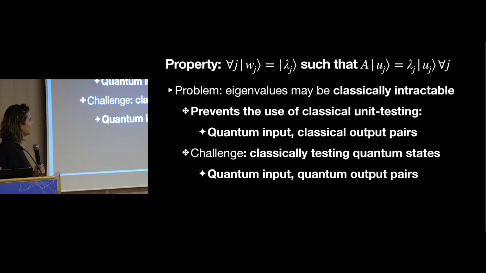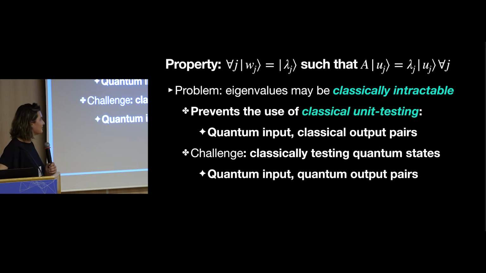So there seems to be a fundamental problem here when we're thinking about programming quantum computers. And in this specific example, the issue is that these eigenvalues may be classically intractable. So if we're running some actually relevant instantiation of HHL, then at that point, my eigenvalues are sort of hidden from me as the developer.